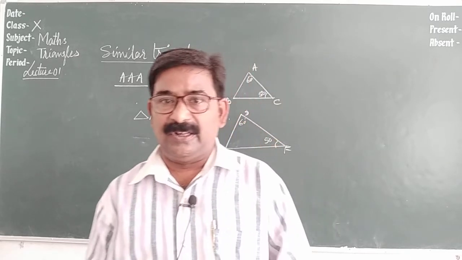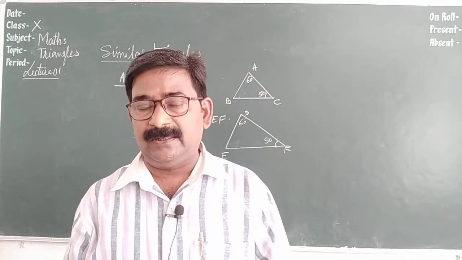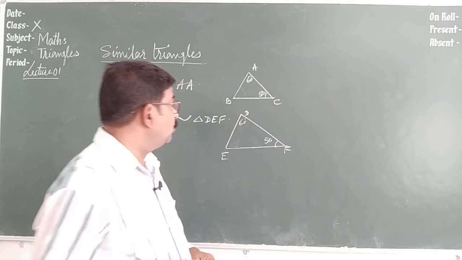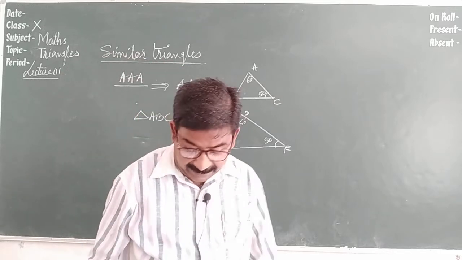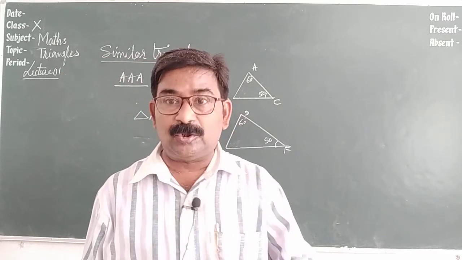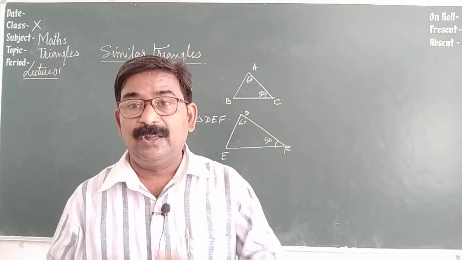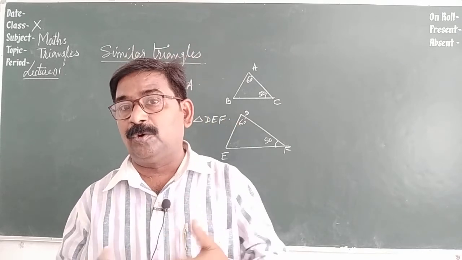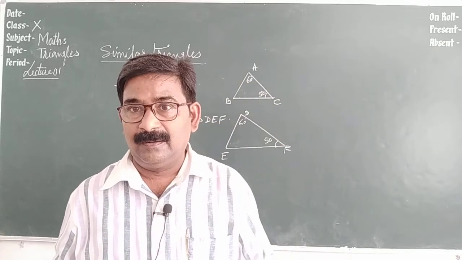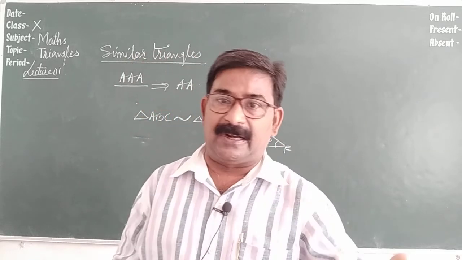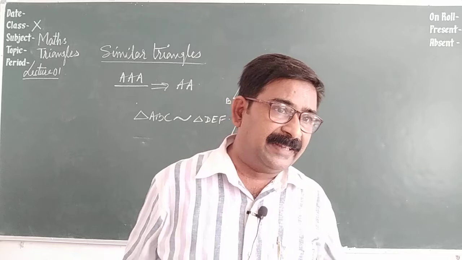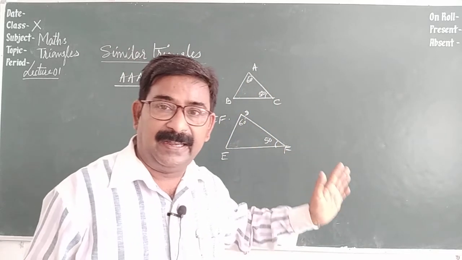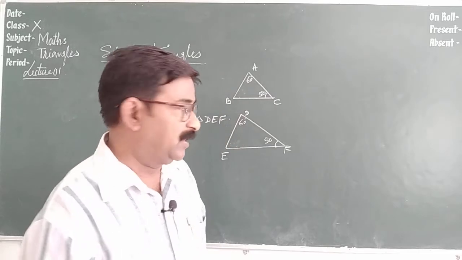Means the question is to show whether the triangles are similar or not, so you will show all three angles. And if after showing the triangles similar you have to proceed further in the question, in that case you can use the AA criteria. In short, we can write the AA criteria and proceed further. Got it?